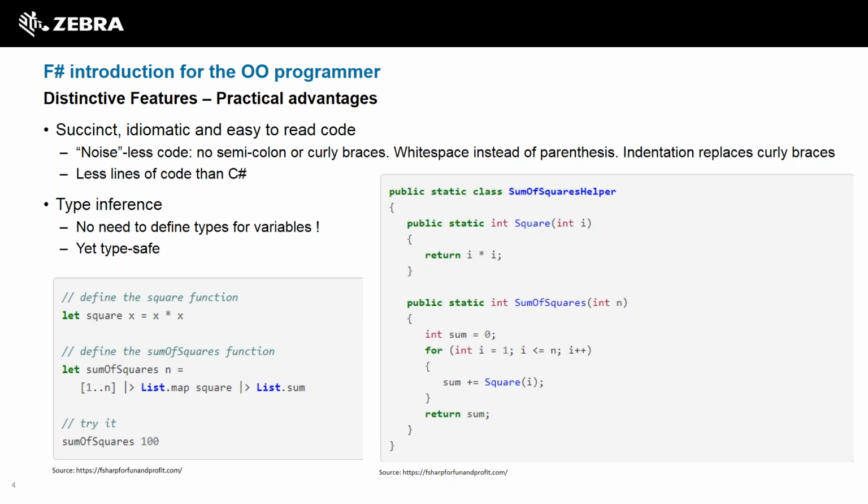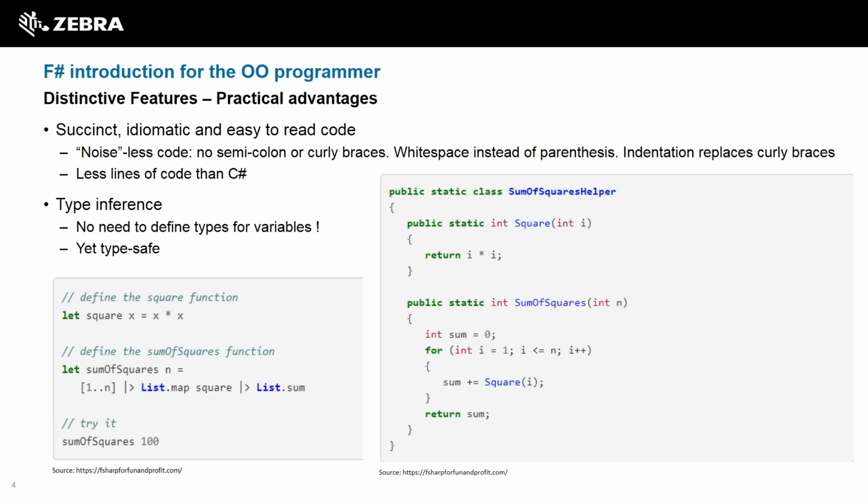The other thing you notice is the usage of the pipe forward operator. It's actually one of the most important operators in F#, and it really helps improve the readability of the code. The idea is that the value on the left-hand side of the operator is piped into the function on the right-hand side of the operator.